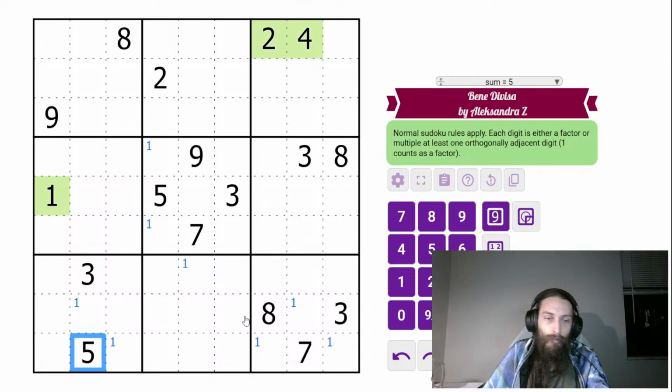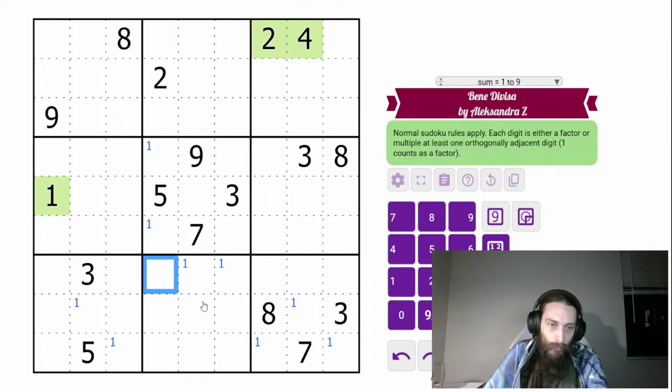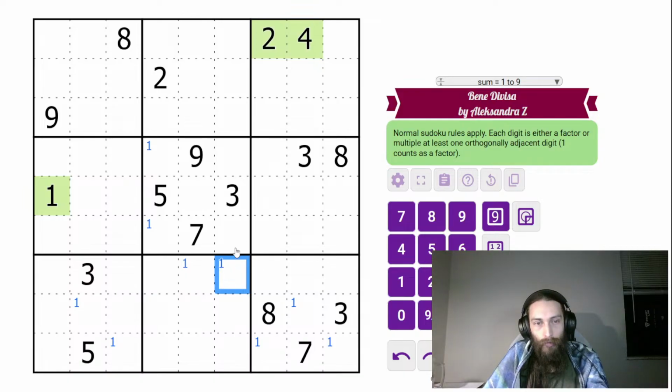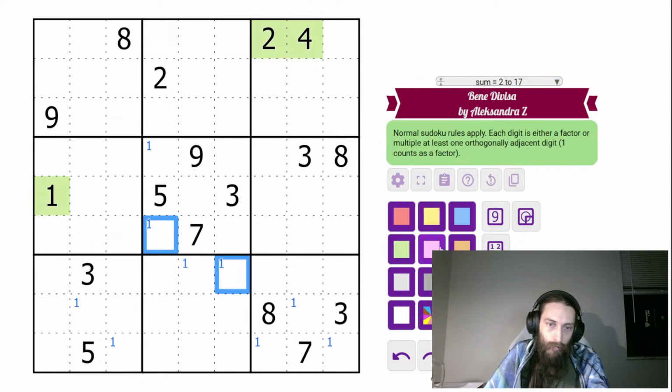Well, because of the 5 and the 7 over here, I know the 1s have to be here. These two rule this one out. Could this be 1? If that was 1, that would have to be 1. And then the 9 could be next to a 3 or a 1. But those would be fine.